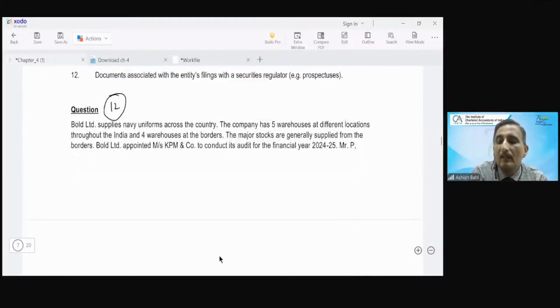See question number 12. This question again relates to attendance at physical inventory count, SA 501. Read this question.